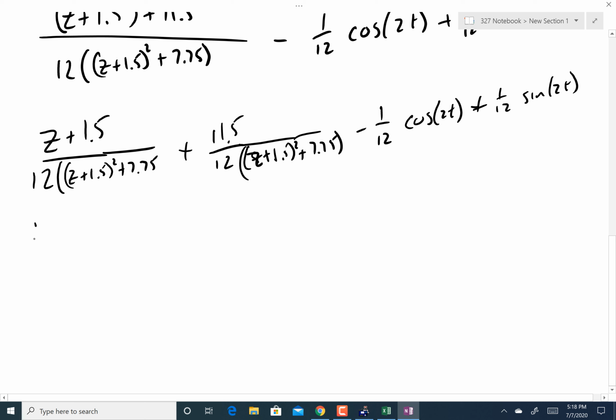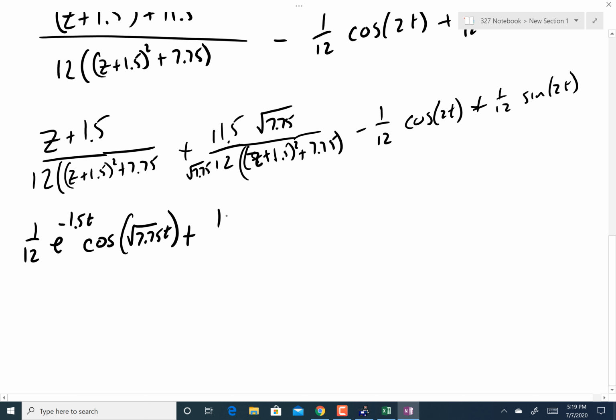This, by definition, is going to be 1/12 then e to the minus 1.5t cosine of square root of 7.75 t plus, now look, I need to have the square root of 7.75 on top and on the bottom. That's disgusting. It is.